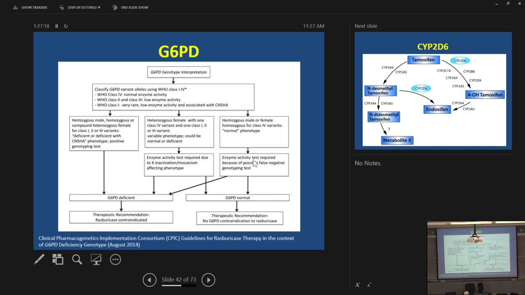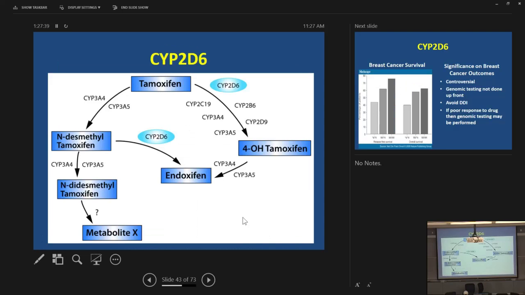If they're wild type or heterozygous in a variant that has a more normal phenotype, you would give them rasburicase. Okay. All right. So just to know, we don't always just look at this for oncology drugs for treatment. We also look at it in a supportive care setting.